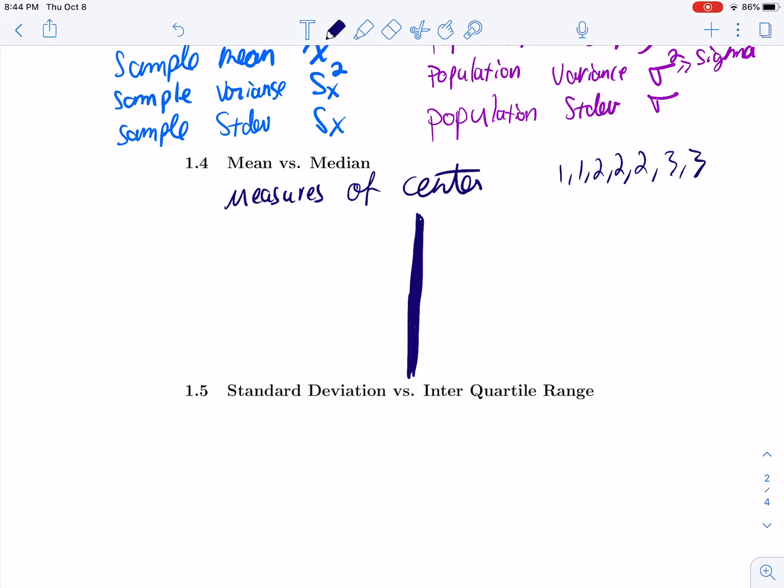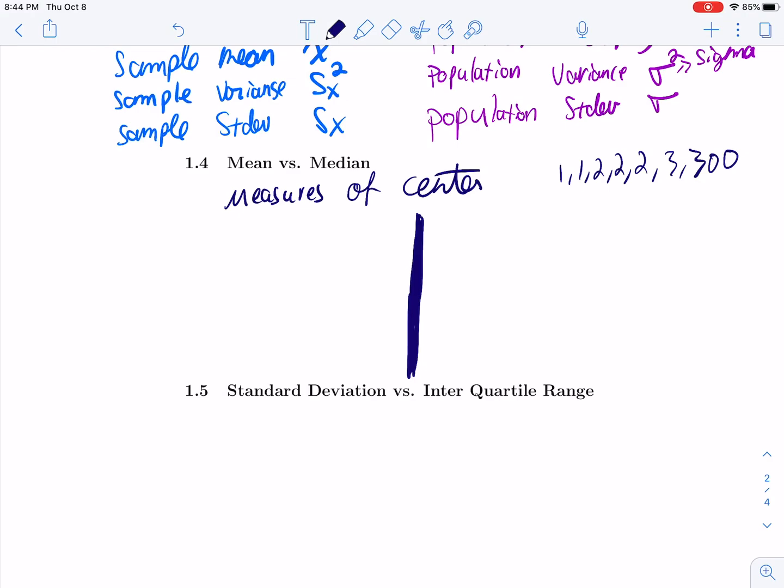But what if I make this 300, right? Well, the median stays at 2, but the mean blows up. The mean is what? 3, 4, 5, 11, 311 divided by 1, 2, 3, 4, 5, 6, 7. 311 divided by 7, so it's over 40.